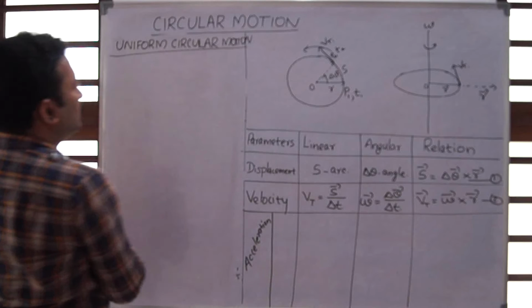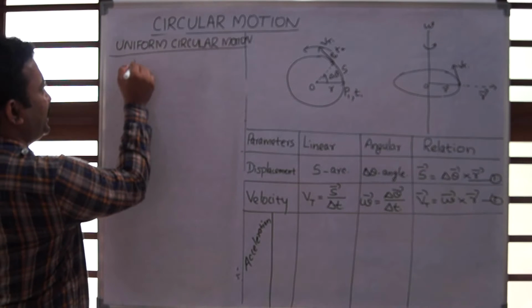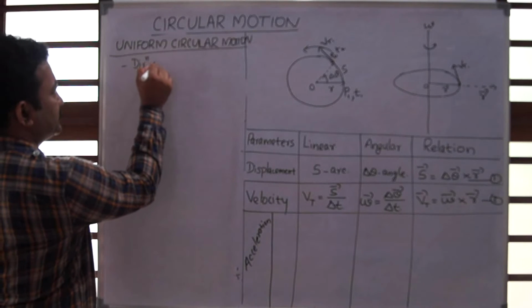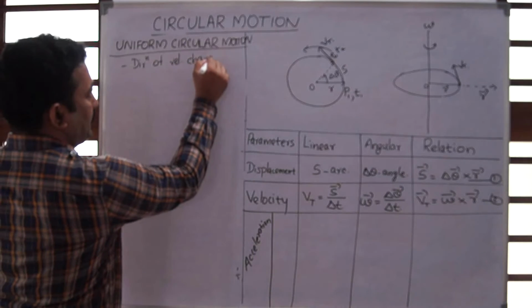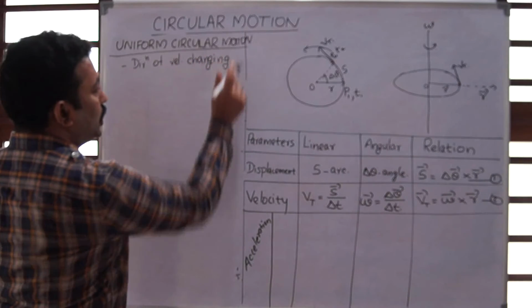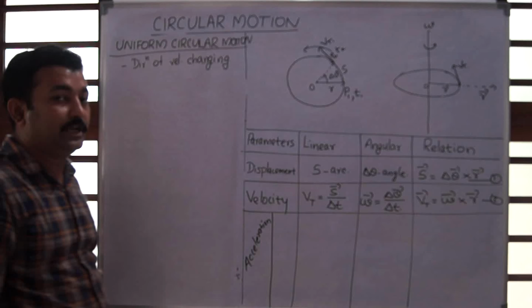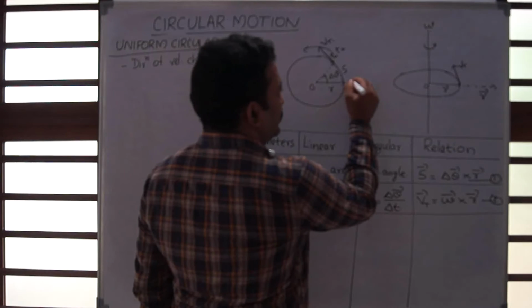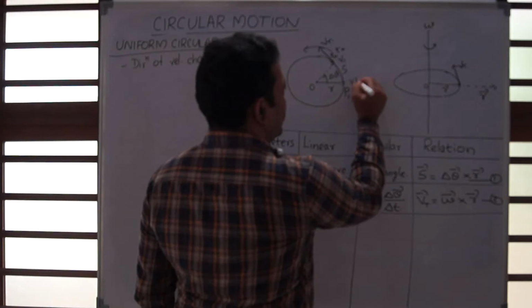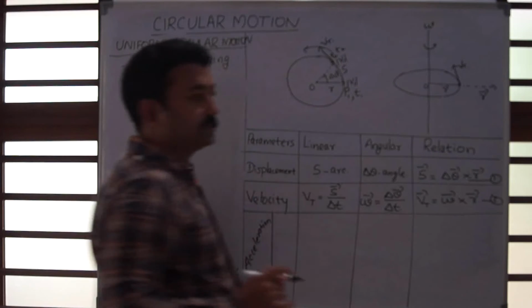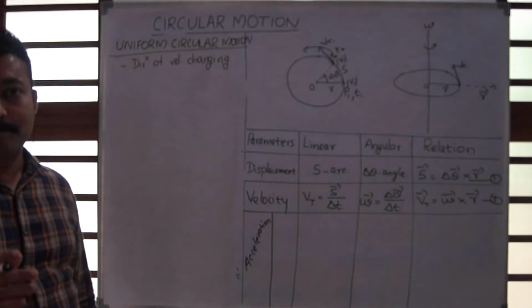In this, only the direction of velocity is changing, whereas the magnitude always remains constant. So if the velocity has a value v1 over here, it has the same value v1 over there. That means the magnitudes of velocity at different points are the same.